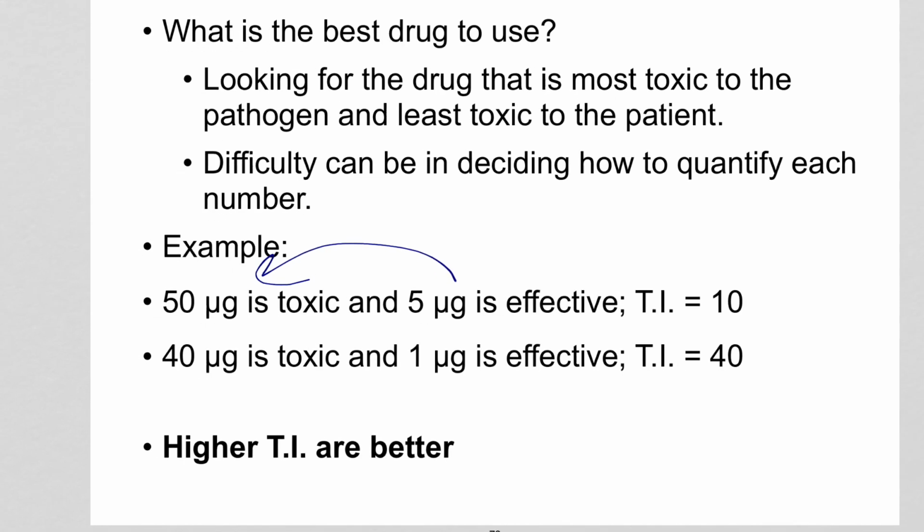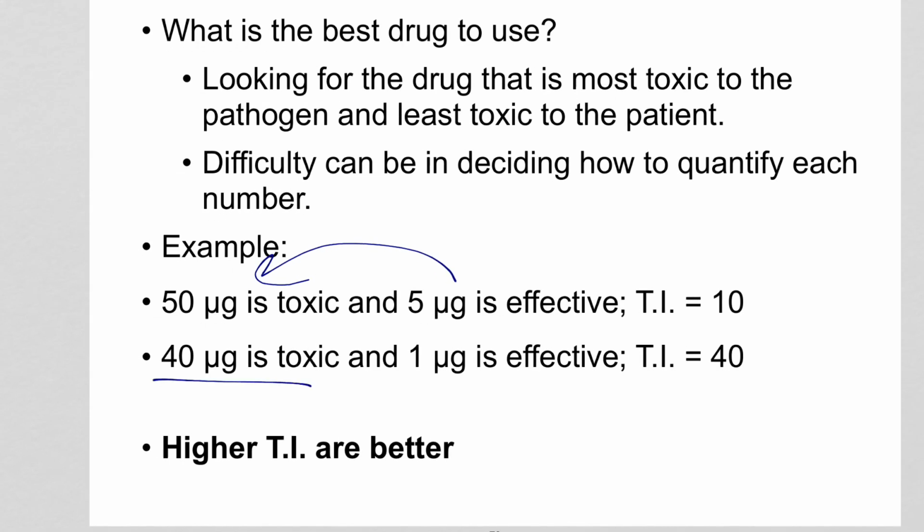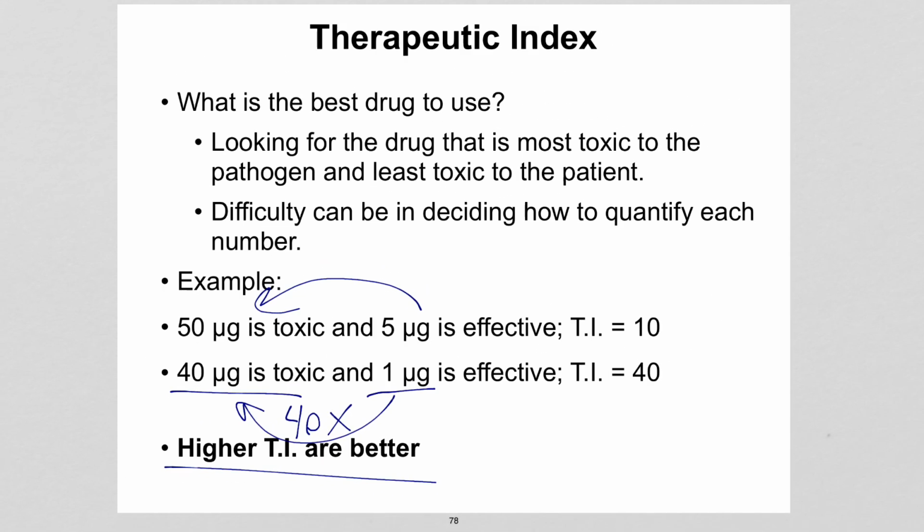In this example, the toxic dose is only 40, so the toxic dose is lower, but the effective dose is only 1 microgram. 40 divided by 1 is 40, and so you would have to have a 40x overdose to start becoming toxic. And so the bigger the therapeutic index, the better, because it means it's giving you more cushion. You have more room to play with where the dose could be ramped up a little higher to be more effective at killing the pathogen and not have to worry about the consequences of toxicity in a person.